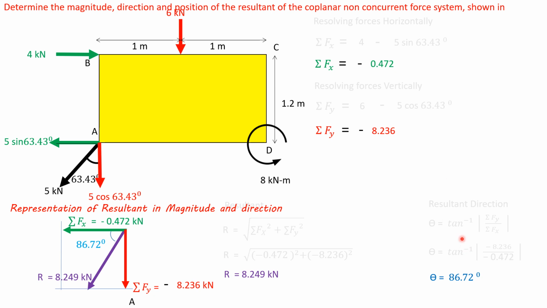Since summation Fx is negative and summation Fy is negative, the resultant lies in the third quadrant, with a magnitude of 8.249 kilonewtons, making an angle of 86.72 degrees to the horizontal.